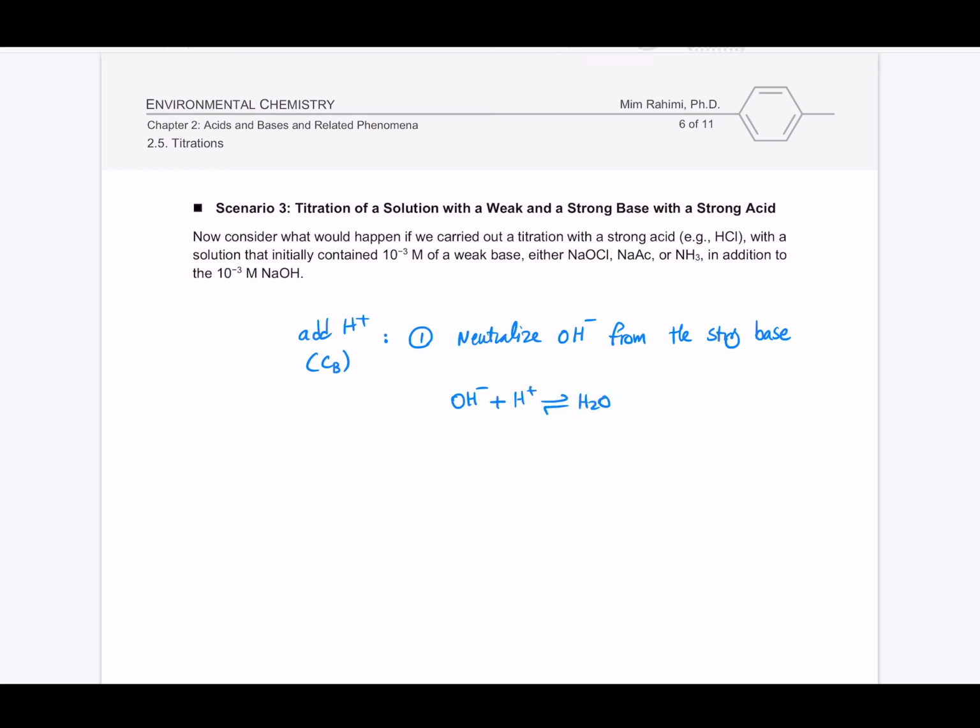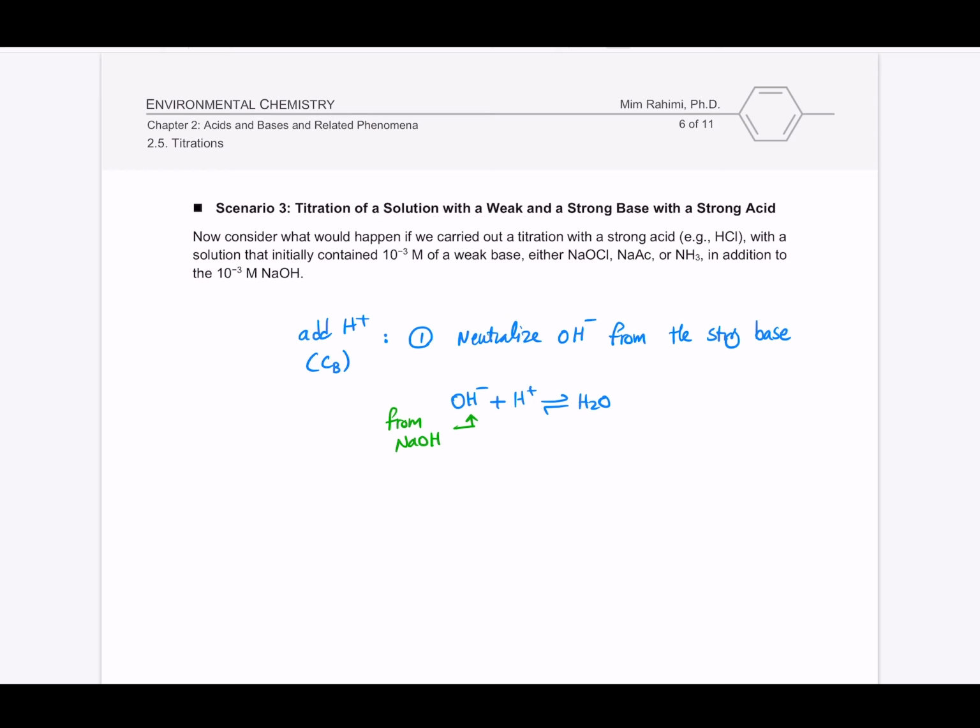So this could add a delay, right? You're adding, but it's consumed. And this hydroxide is coming from sodium hydroxide. So then let's say we deplete it, or we neutralize all the hydroxide. Then what happens?